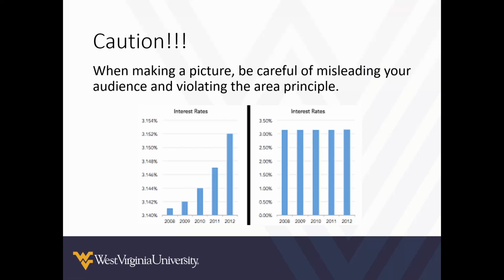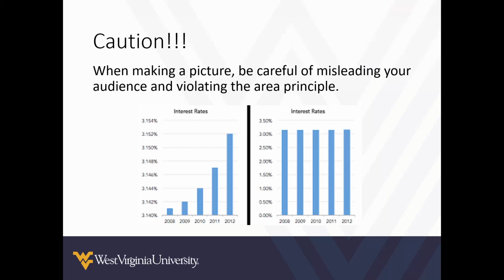So if we are looking at the graph on the left, we can see that interest rates have climbed. But if we were to look at it on the right, we would say that interest rates stayed about the same, which technically is both true. They have increased slightly.